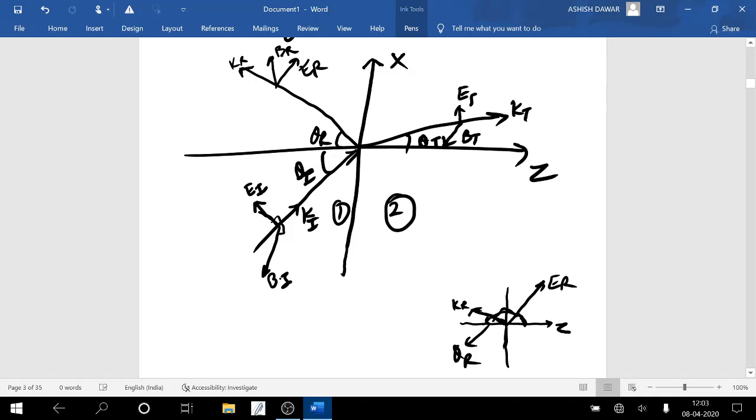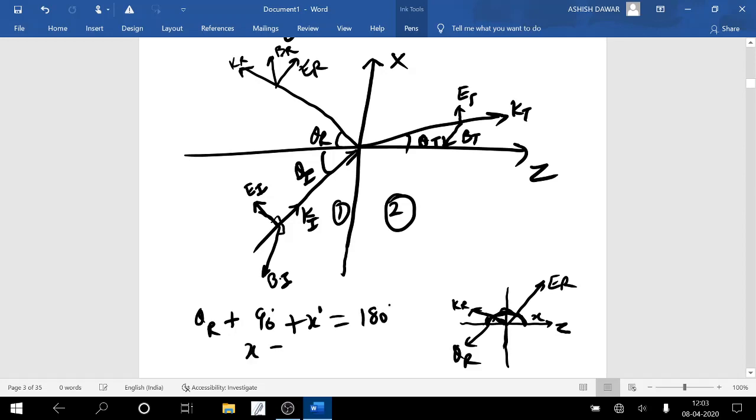So it makes a linear pair. That means theta R plus 90 degrees plus angle X equals 180 degrees.